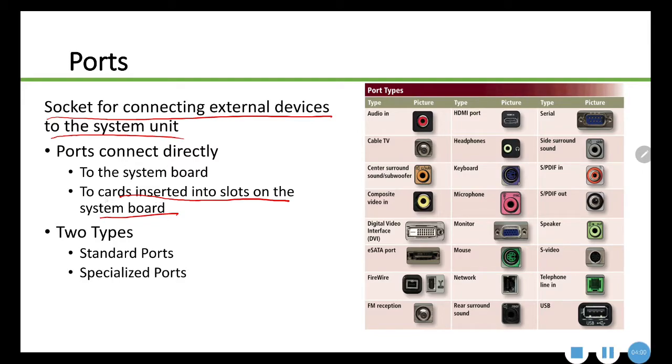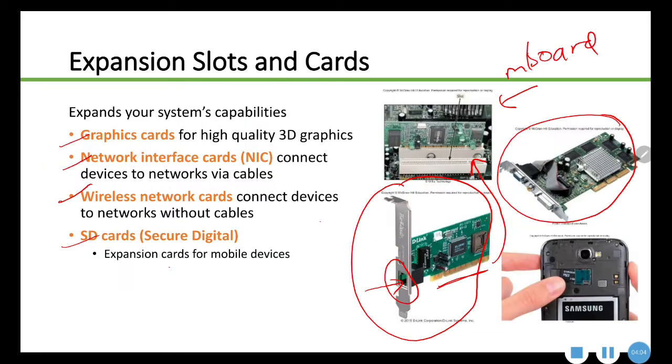When we insert the card behind our CPU, you can see that there's a port there. So you are actually connecting your external device directly to the card. For example, if this is a networking card, you put the networking cable, the RJ45, the blue cable you can find in your lab computer, inside there and it gets connected to the card.